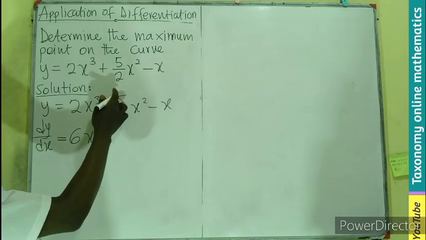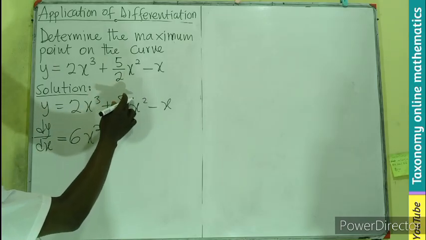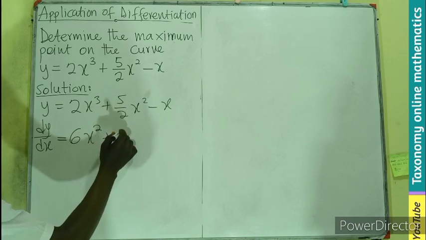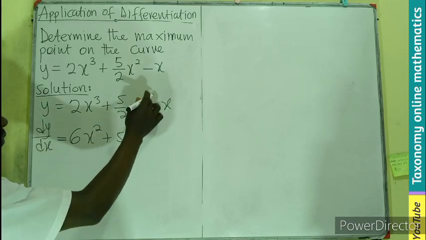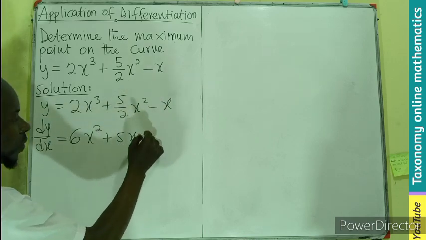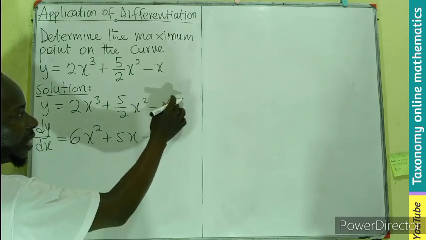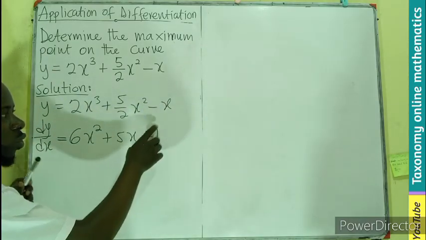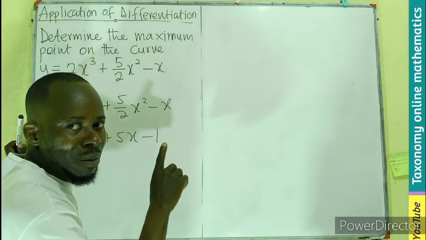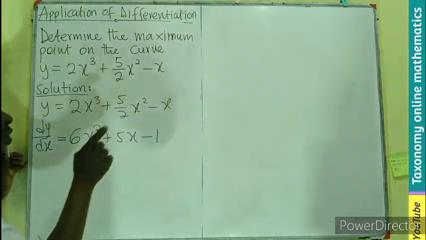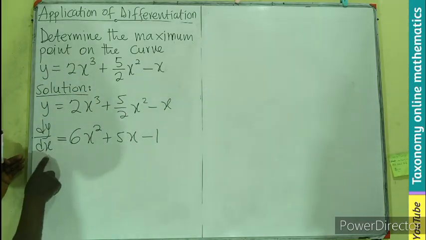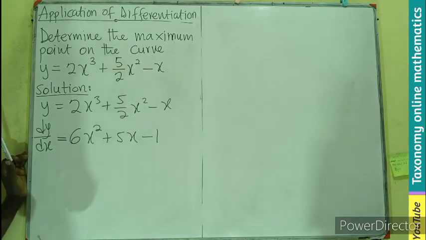Plus 2 also comes forward to multiply: 2 times 5 is 10, 10 divided by 2 is 5. Subtract 1 from the power, you get 1. Minus, bring 1 forward, you get 1. x exponent 0 is 1. So if you differentiate a variable, you get 1, or you pick the coefficient in front of it. So this is our dy/dx.